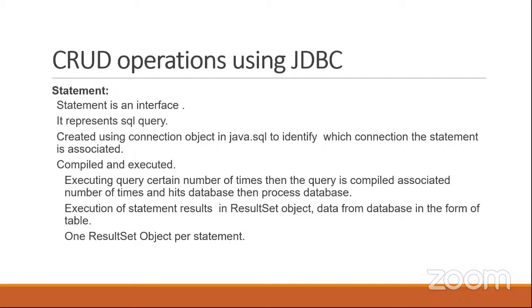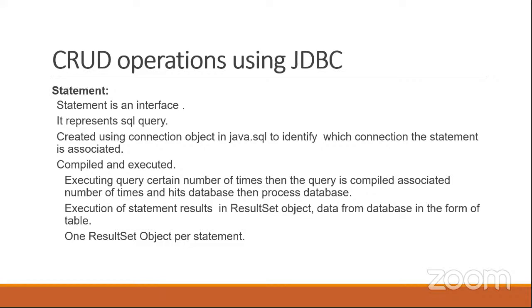We must use the connection object to create an instance or reference for the statement. When a query is executed a number of times, the query is compiled, hits the database, and whatever operation we implemented will be processed. And execution of a statement results in a result object.